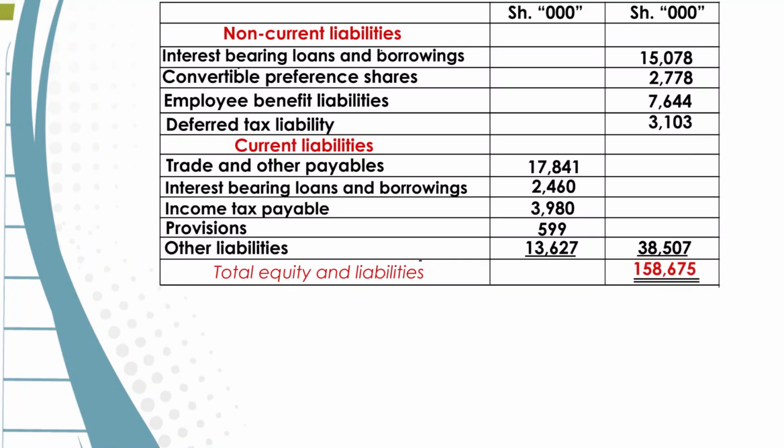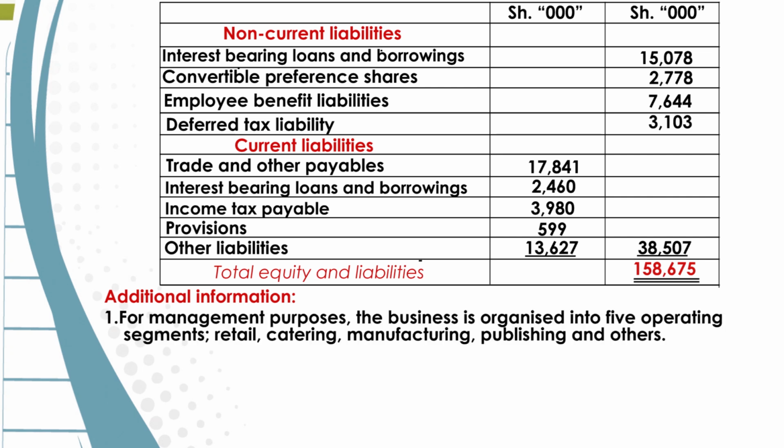Under non-current liabilities, we have interest-bearing loans and borrowing, convertible preference shares, employee benefit liabilities, deferred tax liability. Under current liabilities, we have trade and other payables, interest-bearing loans and borrowing, income tax payable, provisions, and other liabilities.